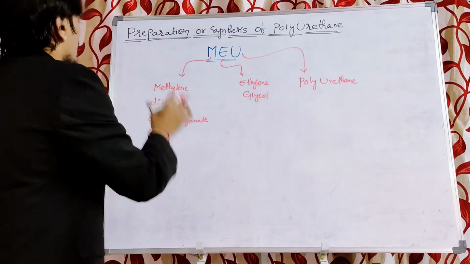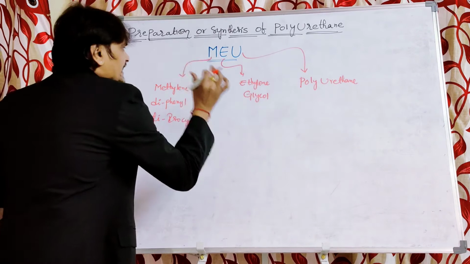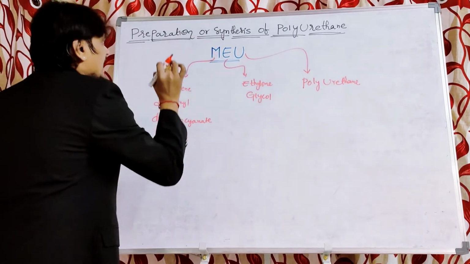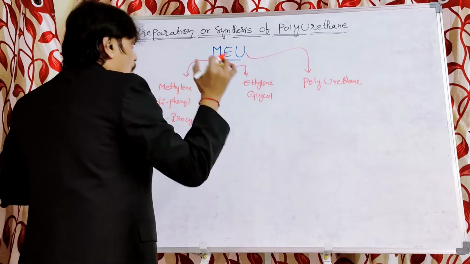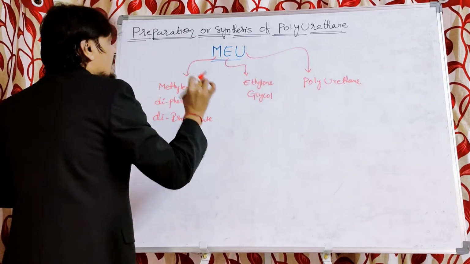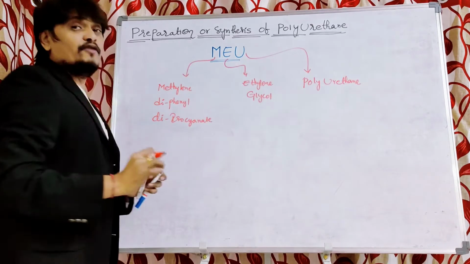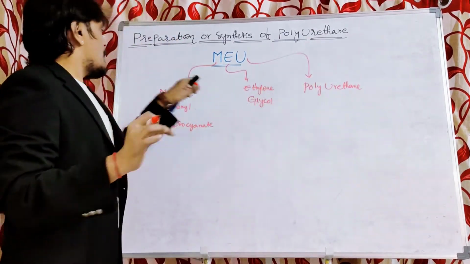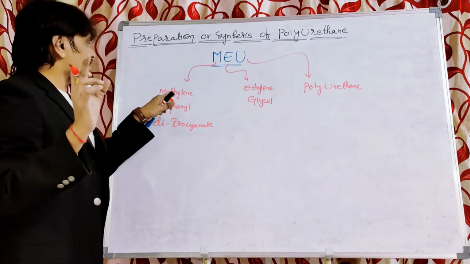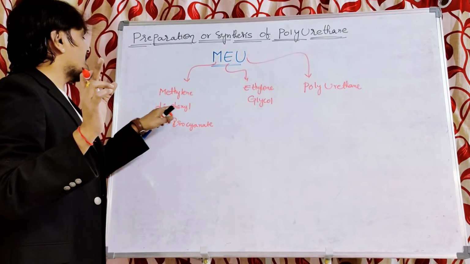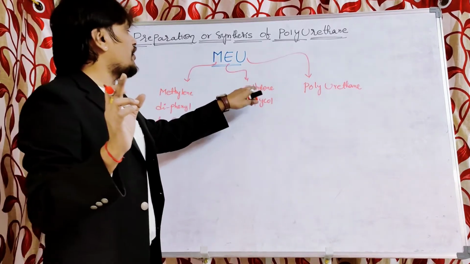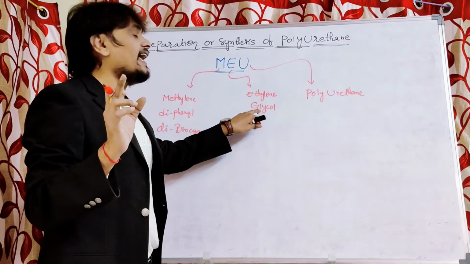Now it is very clear that the monomeric units required for the preparation of polyurethane are: one monomeric unit is methylene diphenyl diisocyanate, and the second monomeric unit is ethylene glycol.